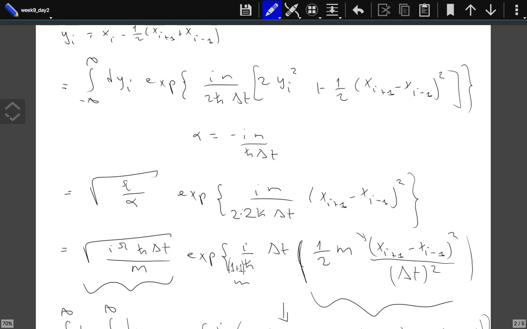Or you can just think of this as integrating over x2, putting i equal to 2 over here. So this is the result of the x2 integral. Then I have to evaluate the x3 integral, x4 integral, x5 integral. But now, in the first case, I just seem to see a pattern.